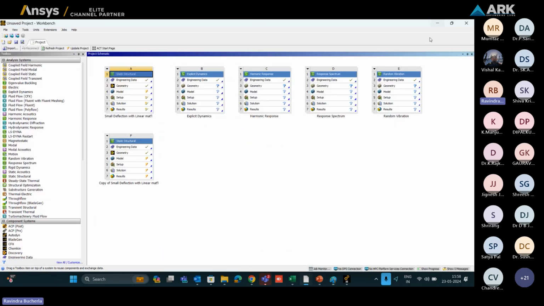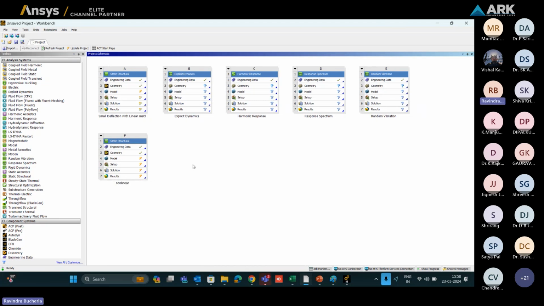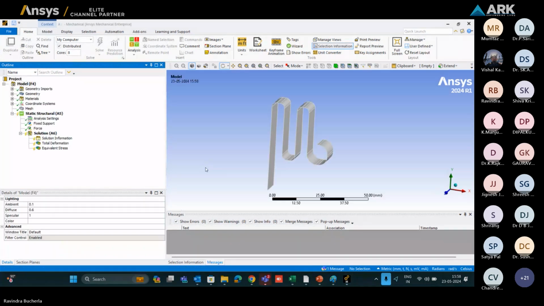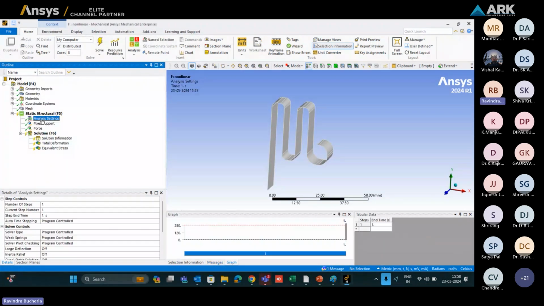Okay, so I just duplicated the same static structural and I'm opening the mechanical model once again. Here the only thing I did is enable large deflection on.